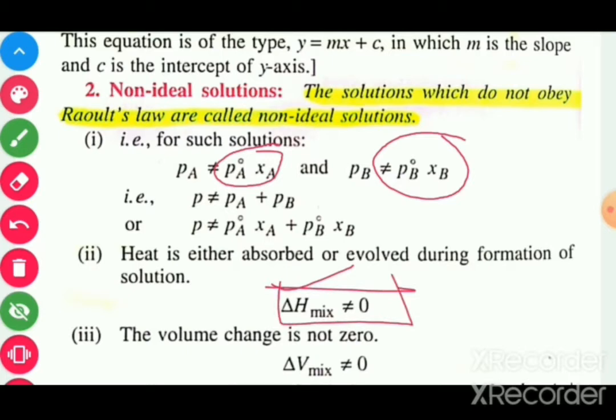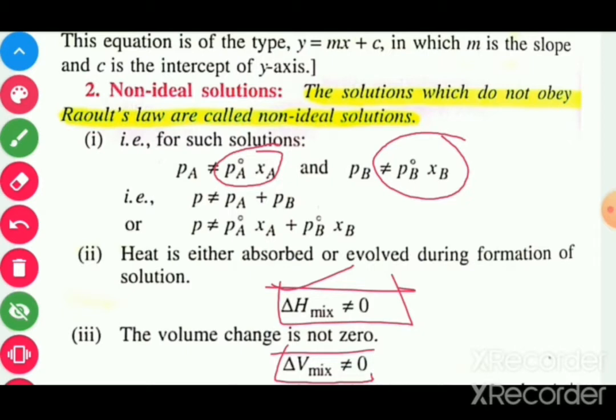Next point, for the non-ideal solution, change in volume of mixing. After solution formation, the volume may increase or may decrease as compared to the additive volume of solute and solvent before the formation of solution. So here, the change in volume of mixing is not equal to 0.